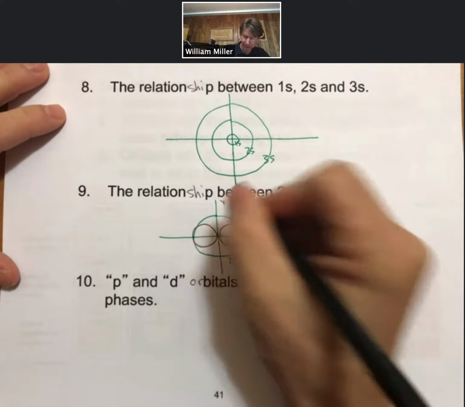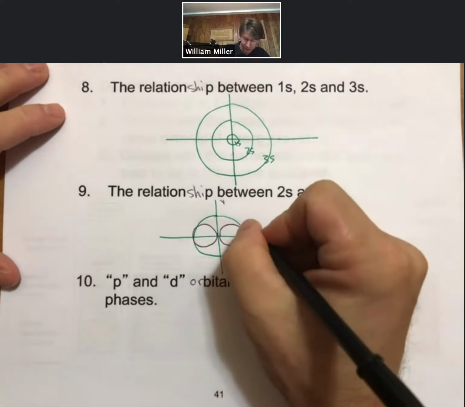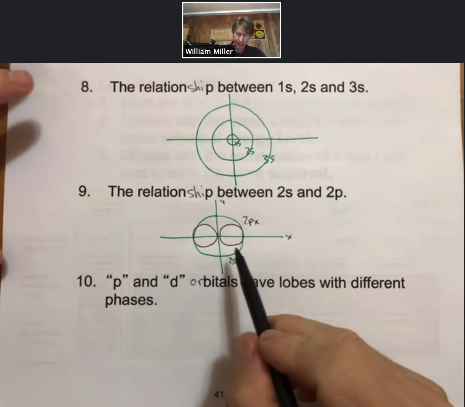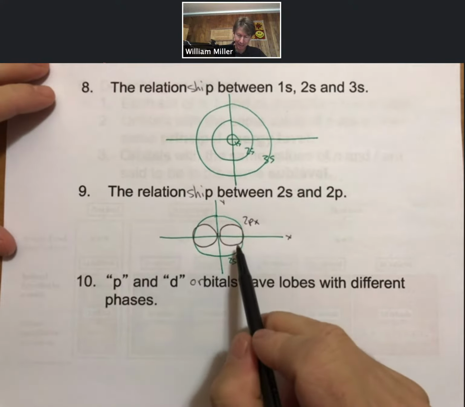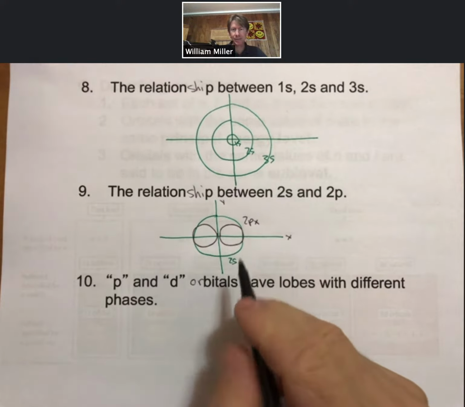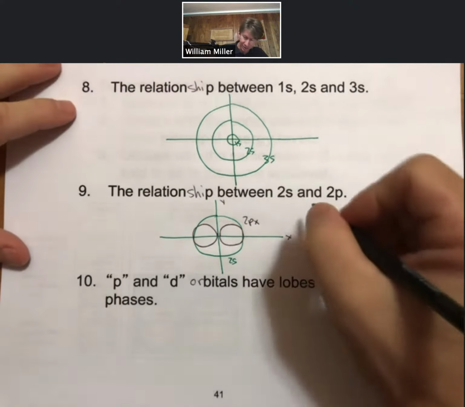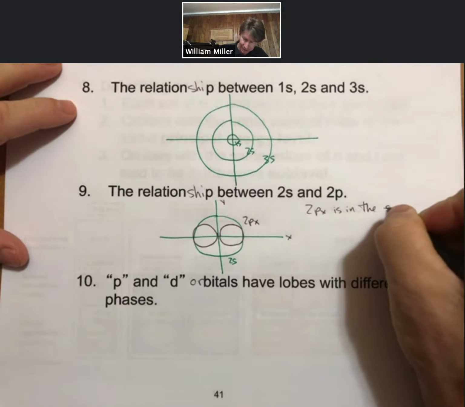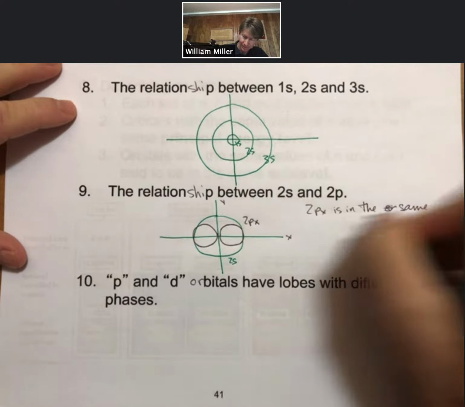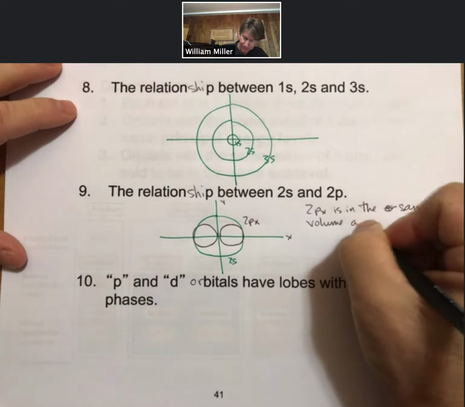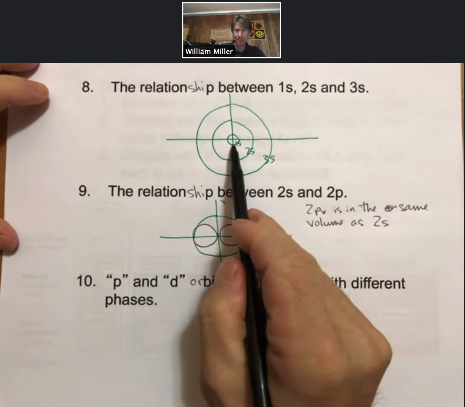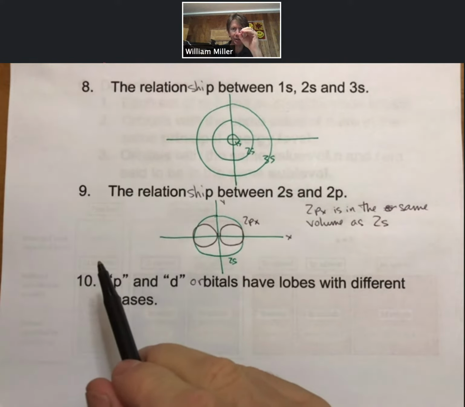If I define these as x and y, then this is going to be 2px along the x-axis. And so here's what I mean when I say that 2px is in the same volume as 2s.